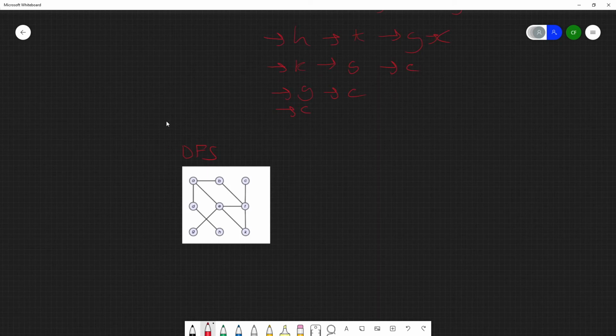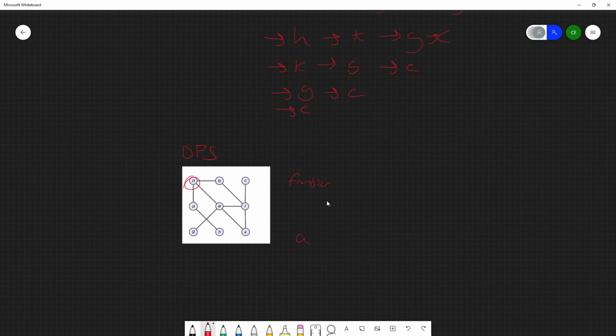Again, if we're starting at A, we will have a frontier that looks like this. A, and rather this is a stack now. So how can I draw this? That works. I draw it like this, going sideways and going upwards.